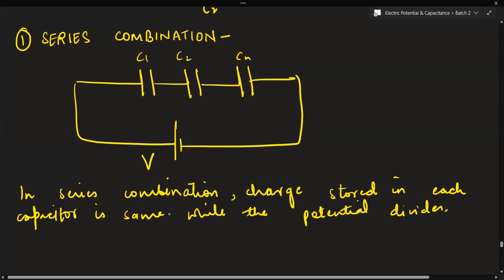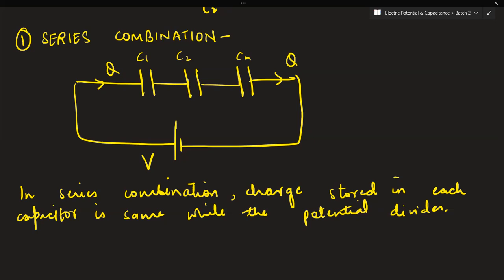This is important. You can relate it also. This is the same wire connected in this circuit, so obviously the same charge, capital Q let's say, will flow. Since these are different capacitors, there will be different potential at either side of each capacitor. So whenever you see such a combination where the charges are the same, quickly identify that it is series.